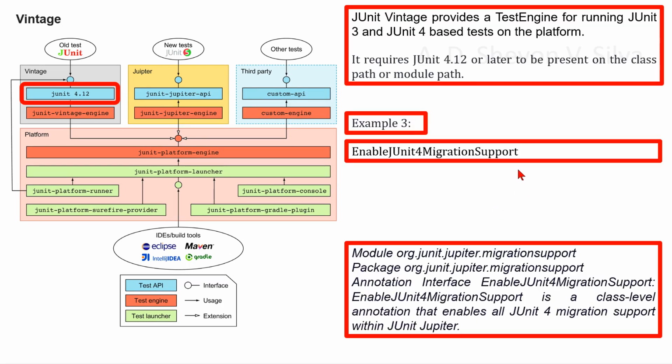Now we are considering the annotation interface type EnableJUnit4MigrationSupport in package org.junit.jupiter.migrationsupport in module org.junit.jupiter.migrationsupport. EnableJUnit4MigrationSupport is a class level annotation that enables all JUnit 4 migration support within JUnit Jupiter.